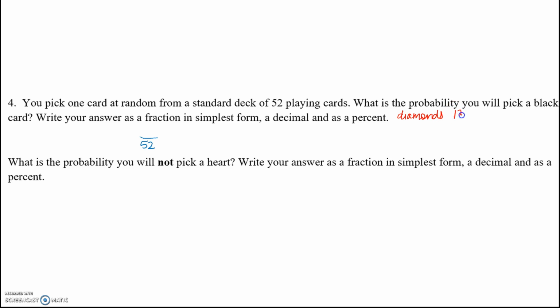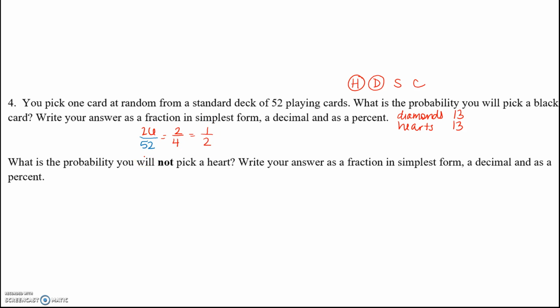And there's 13 of each suit, so that would be 13 and 13 is 26 out of 52. Or we could have said if there's 1 of each suit, so if we had hearts, diamonds, spades, and clubs, well, our hearts and our diamonds, 2 out of 4, or 1/2.